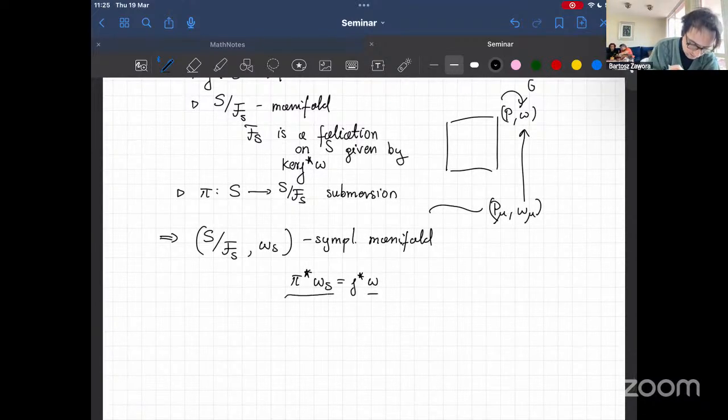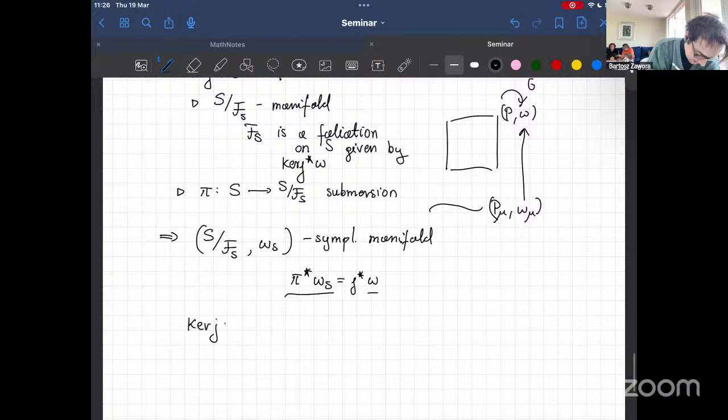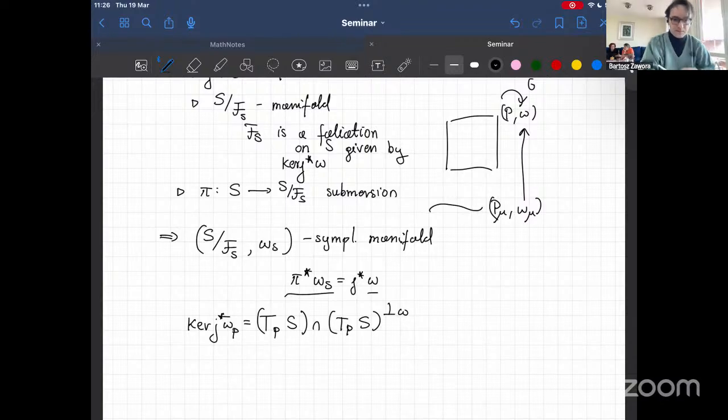So we have a relation of the reduced symplectic structure and the initial symplectic structure, and moreover, one can prove that the kernel, which is the characteristic distribution of the symplectic form, I mean, it's not the initial symplectic form, but the symplectic form pulled back to S, is given by the intersection of the tangent space at P with the symplectic orthogonal, for any P.